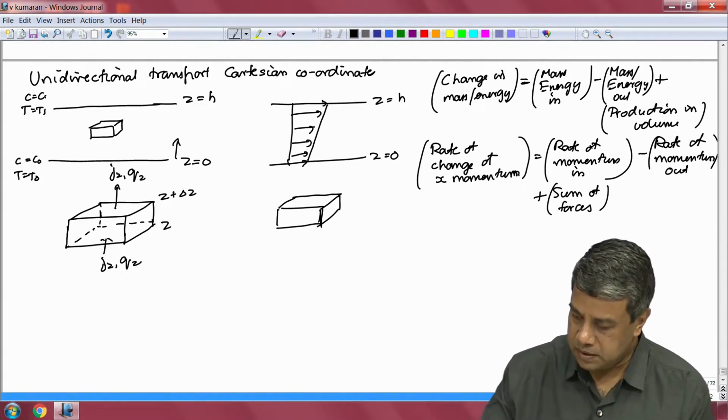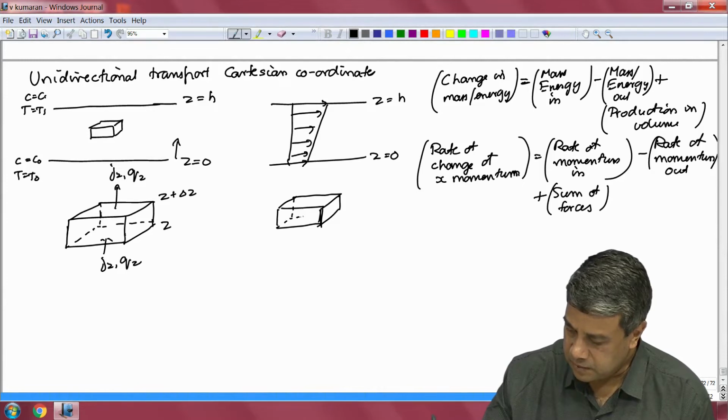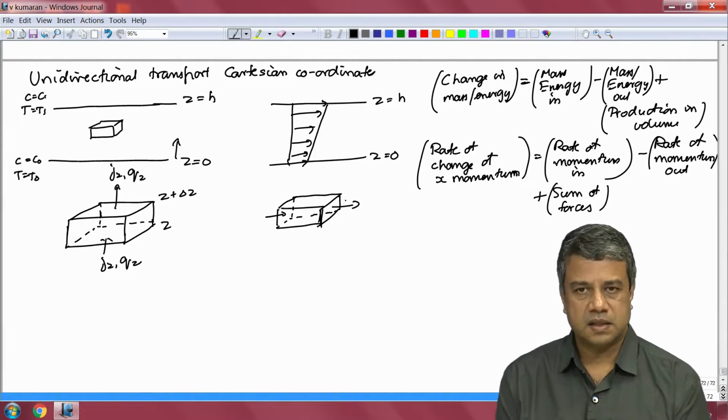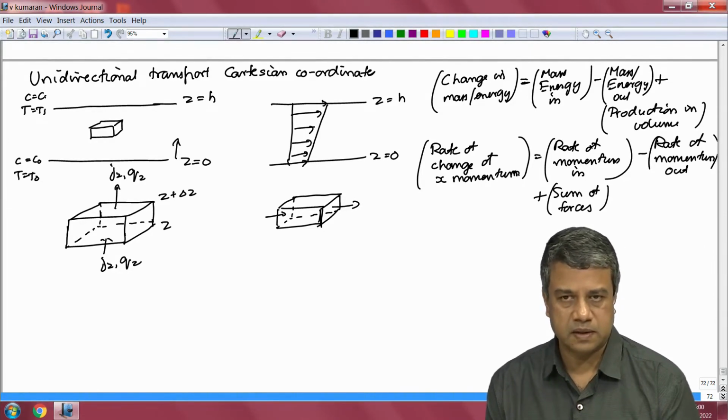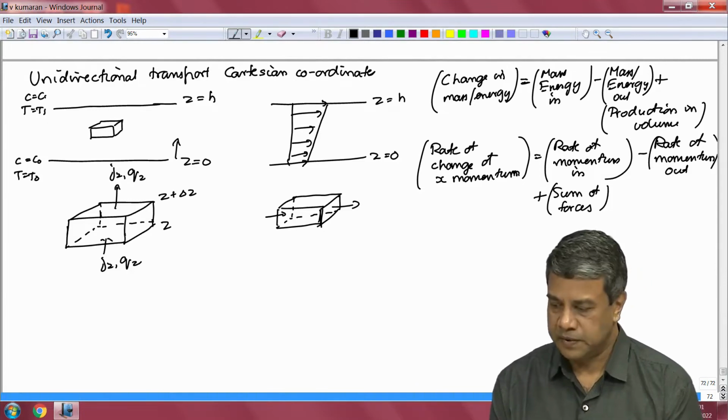And I told you that the rate of momentum in and the rate of momentum out are the same because the velocity is in the x direction, it is independent of the x direction. So, whatever is coming in on the left will go out on the right.